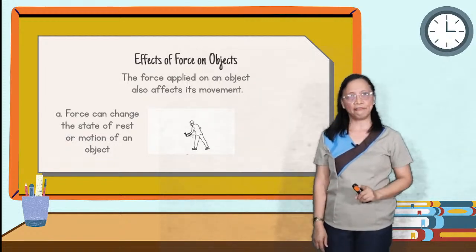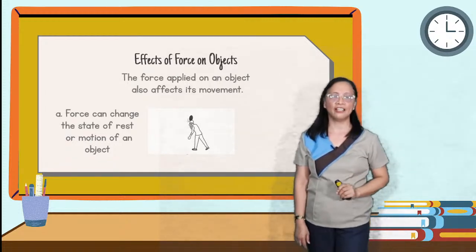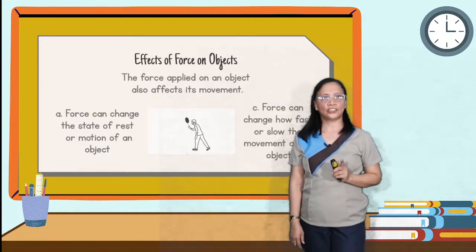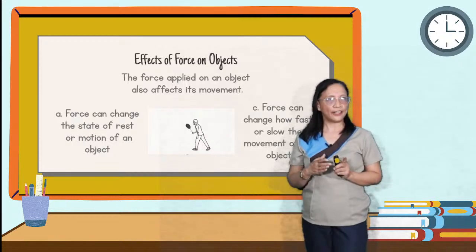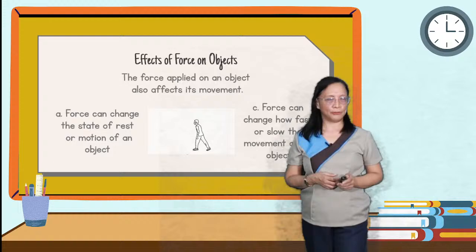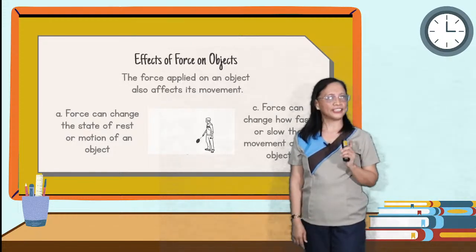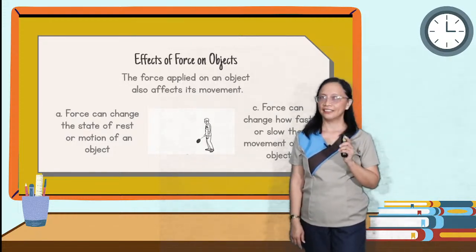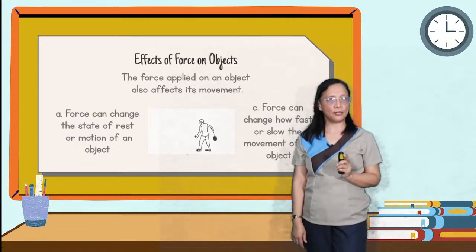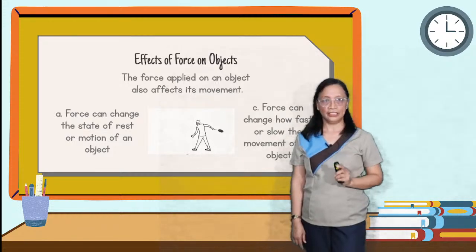Why? That's the effect of force applied to the ball. And the third one. Force can change how fast or slow the movement of an object. So, the greater force applied to an object, the farther it can move. The lesser force applied to an object, it will just move near.